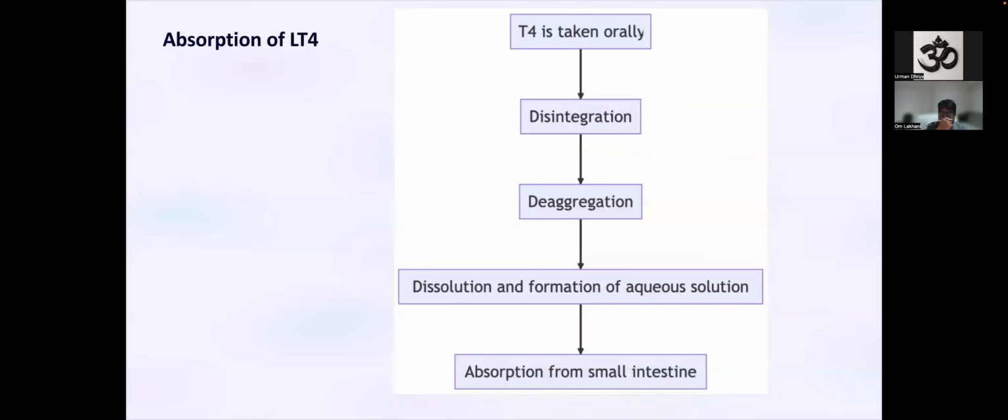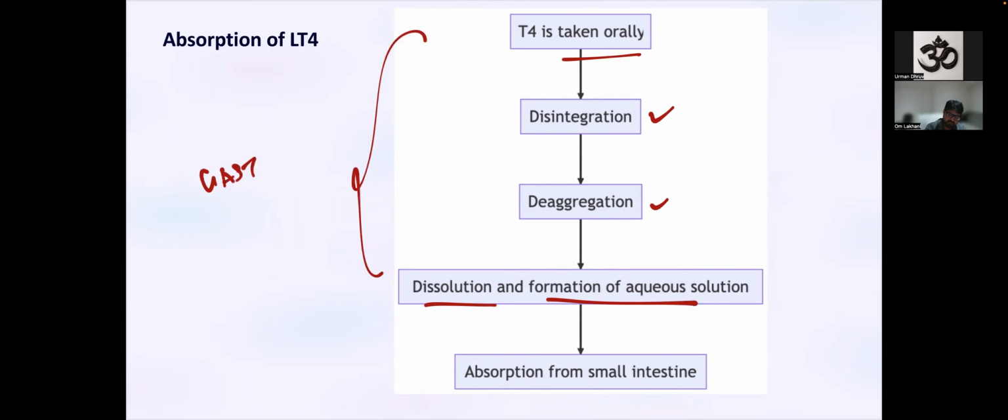Now, how does levothyroxine get absorbed, right? So levothyroxine, when it's taken orally, disintegrates and deaggregates. So first the tablet disintegrates, then it deaggregates, then it dissolves and forms an aqueous solution in the stomach, right? So all these things happen at the gastric level, at the stomach level, and then it is absorbed from the small intestine.